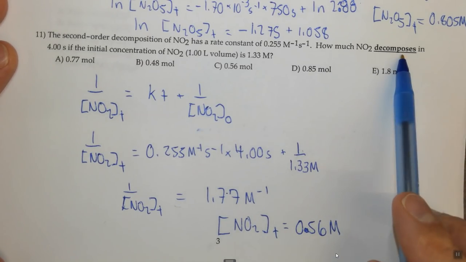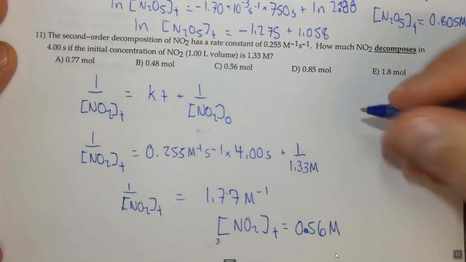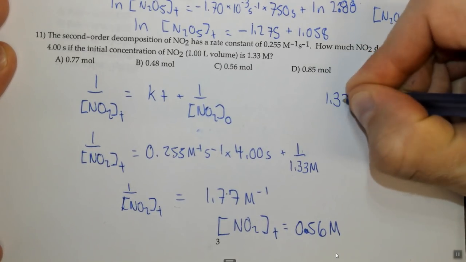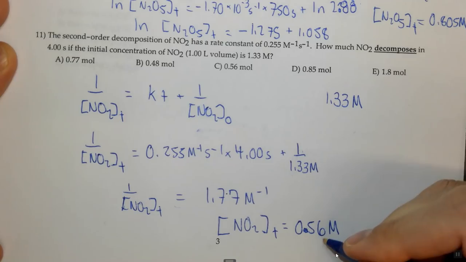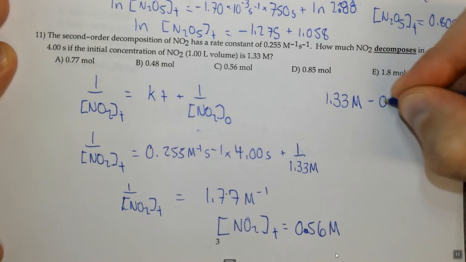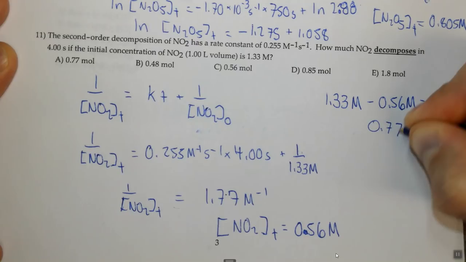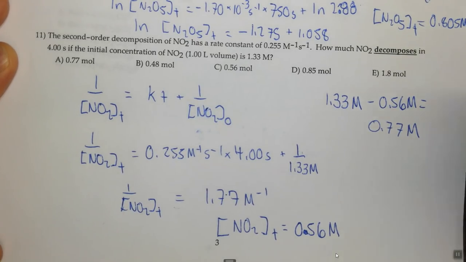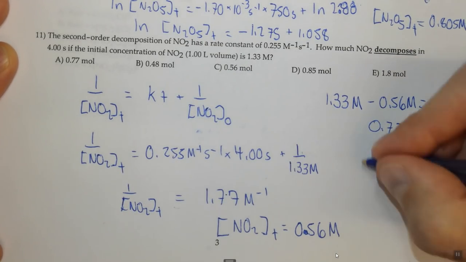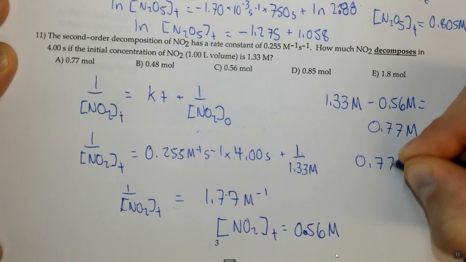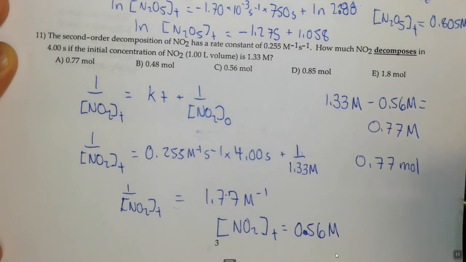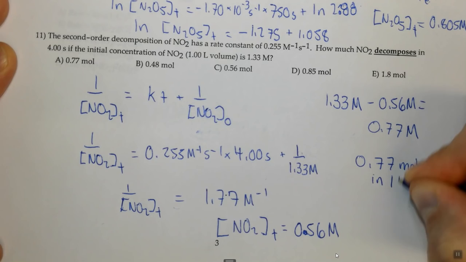Because it asks us for how much decomposes. So we started off at 1.33 molar, and when we finished, we had 0.56 molar, which means that what we lost is actually 0.77 molar. However, because it's 1 liter of solution, that also means that we lost 0.77 moles in 1 liter.